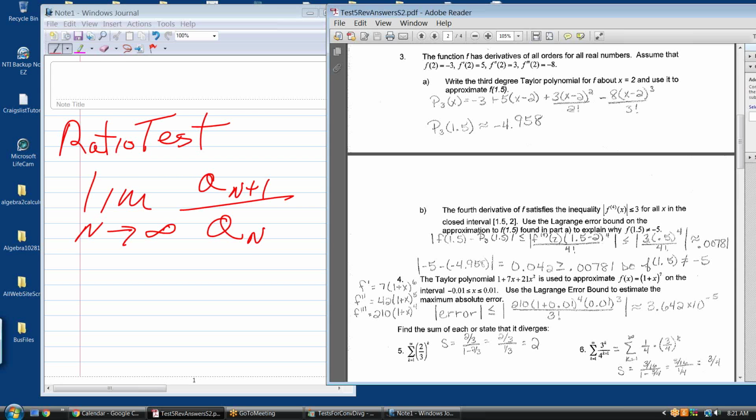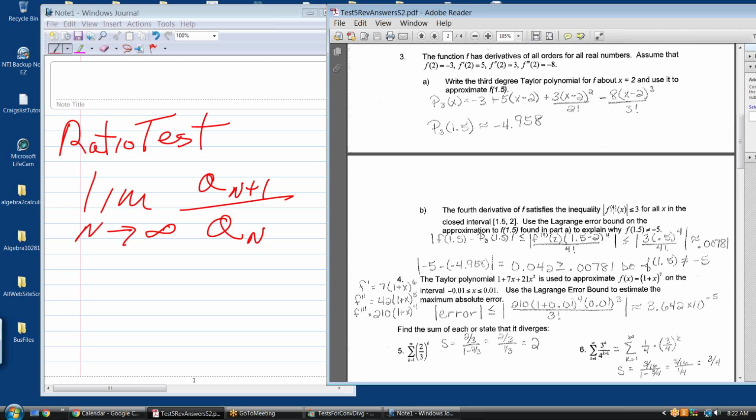Now, where did she get the f to the 4th of z being equal to 3? Ah, right here. She knows that if the 4th derivative evaluated at x is less than 3, then she can use that as the f to the fourth derivative of z. In other words, whenever you're working with these things, you always want to use the maximum error.